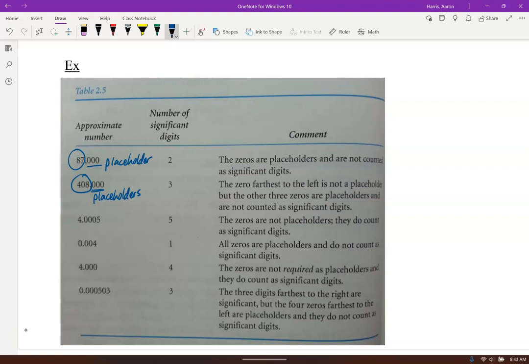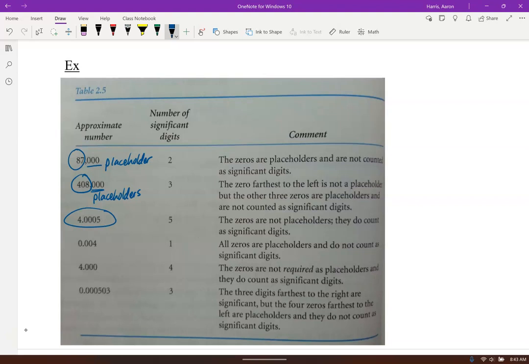The third example, 4.005. Notice the 4 and the 5 are significant, and so the zeros between them must be significant as well. So you include all 4 digits. Again, rule number 2 was zeros placed between significant digits are also significant. Next, 0.004.